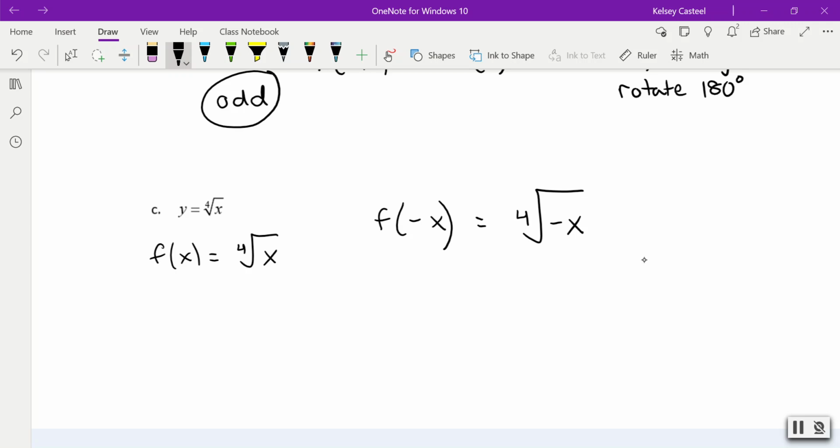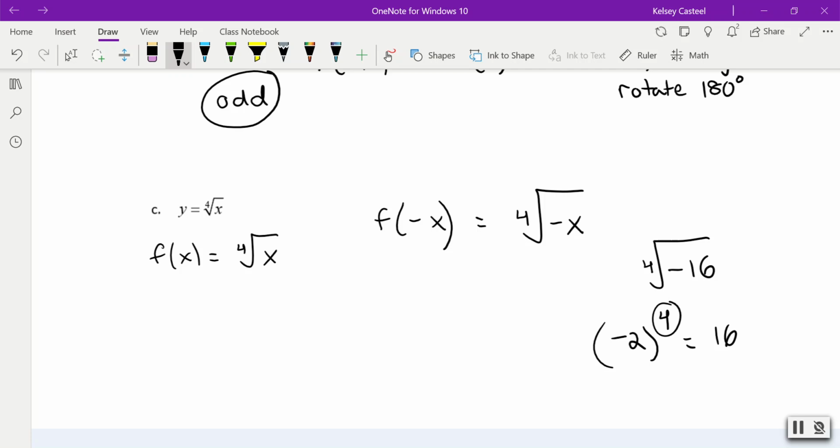As an example, if I tried to take the fourth root of, let's say, negative 16. Now, some may be tempted to say, well, that's negative 2, because if you raise negative 2 to the fourth power, you end up with 16. However, because it's even, it's going to end up being positive 16.